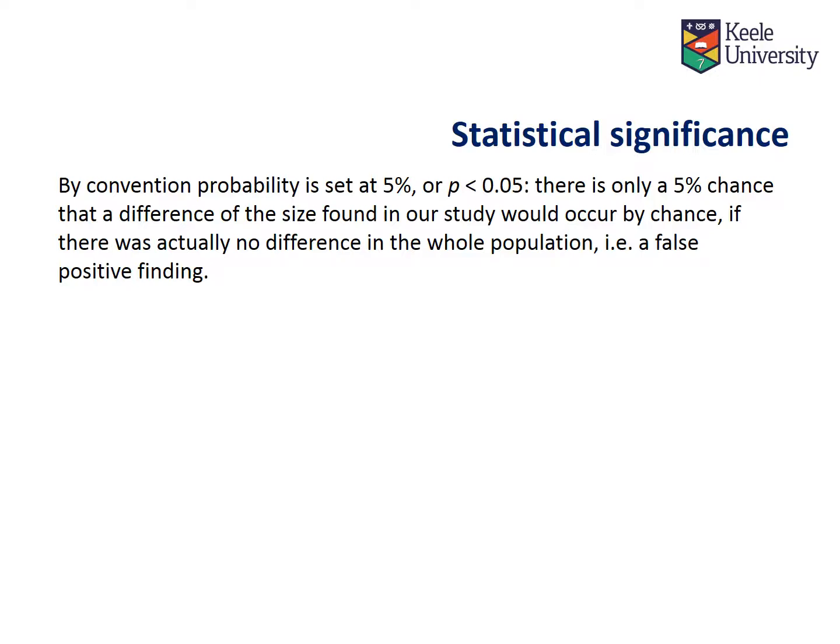We avoided all bias, the conduct was perfect, and we say this study is perfect with a statistical significance of less than 0.05, meaning that the chance of this being a false positive is less than 5%, minimally.